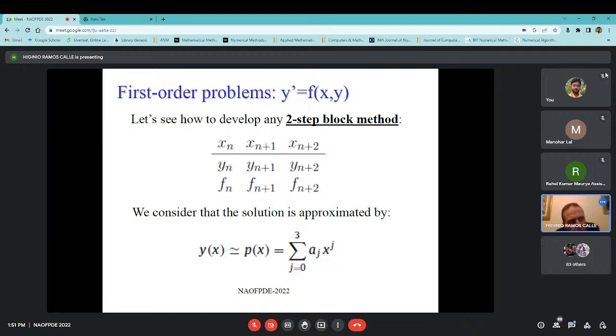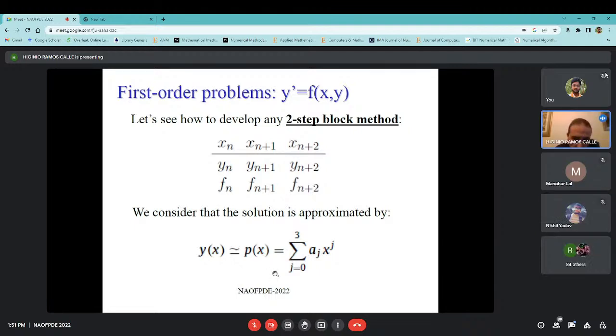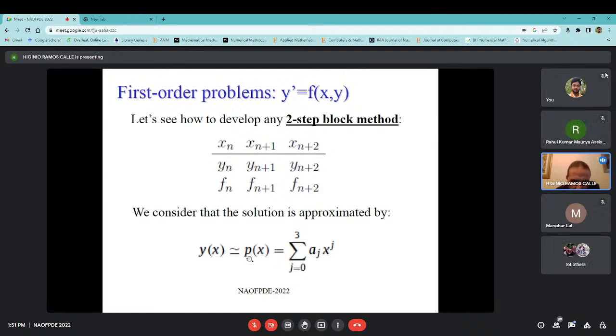We can use polynomial approximations, or we can use other approximations using trigonometric functions, exponential functions, or other kinds of approximations. But the usual one is to use polynomial approximation. So in this case, we consider this polynomial, which goes from 0 to 3, the powers. So we have a polynomial of order 3, where we have four unknowns.